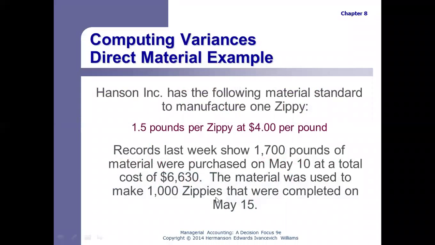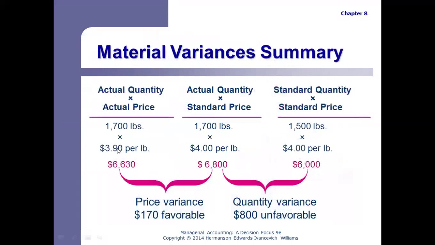The way we got that was it cost $6,630 in total. We bought a total of 1,700 pounds. If you do the division, that works out to $3.90 per pound. So if you multiply those out, you'll get that $6,630.